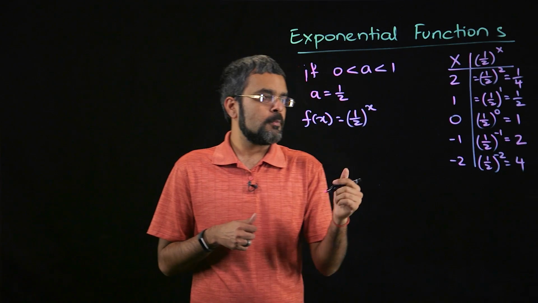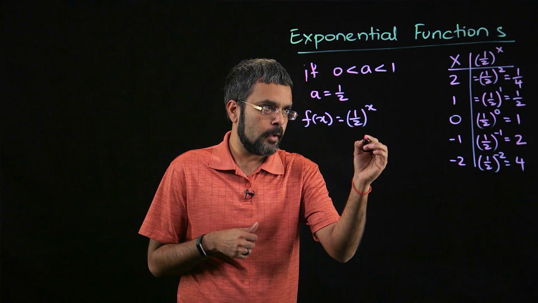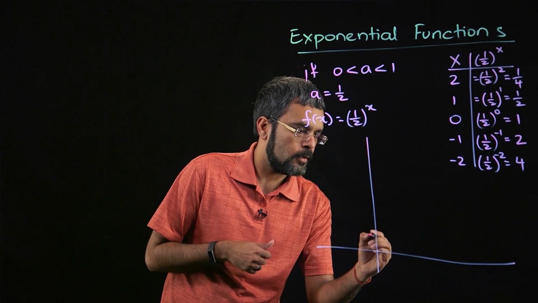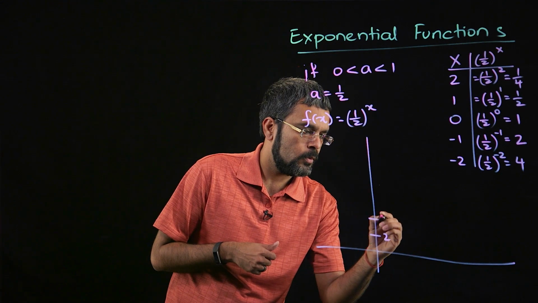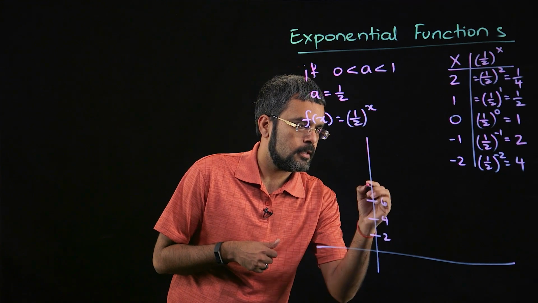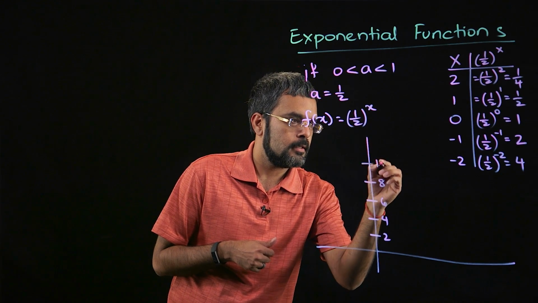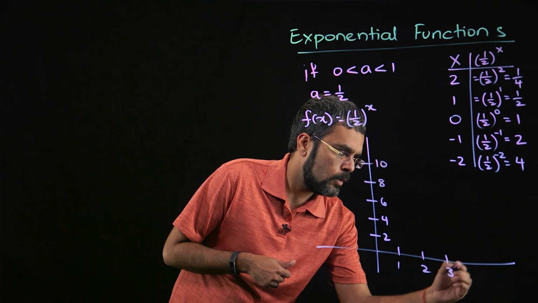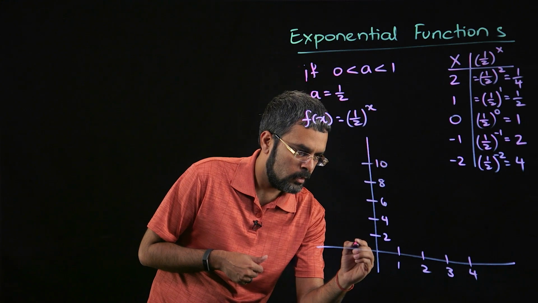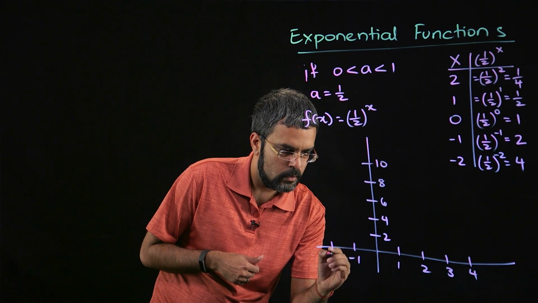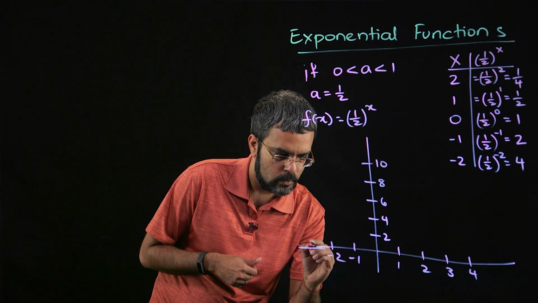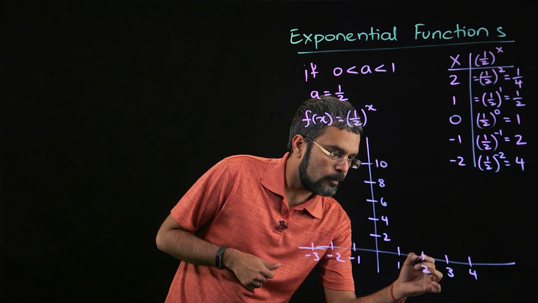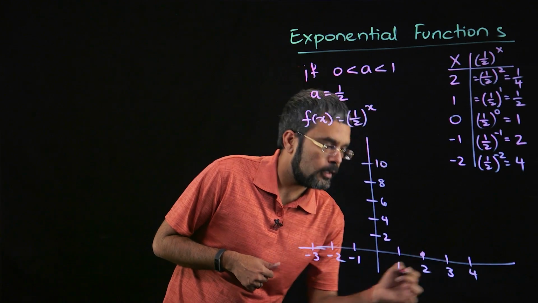So I'll go ahead and plot these points. At 2 I get 1/4, which is going to be down here.